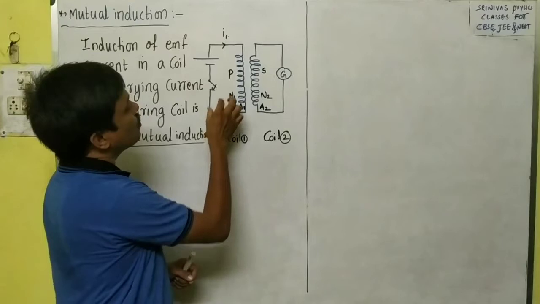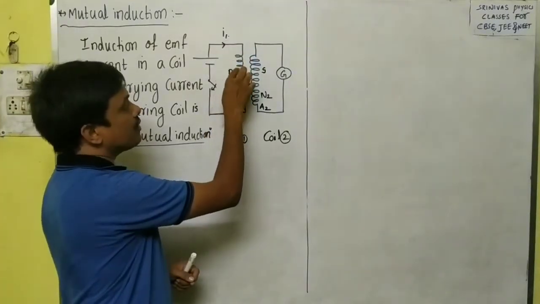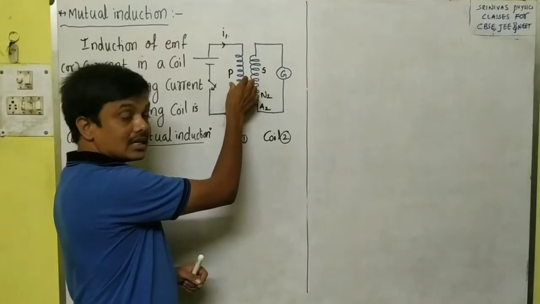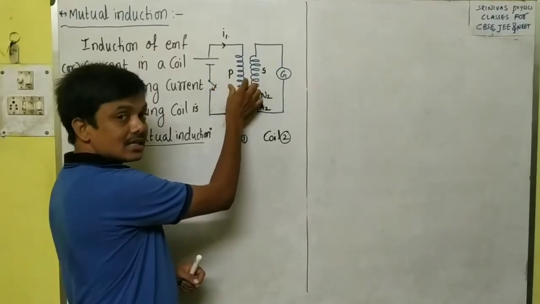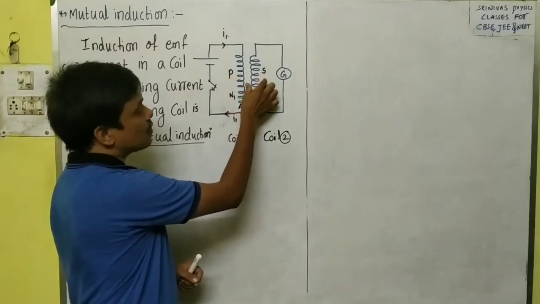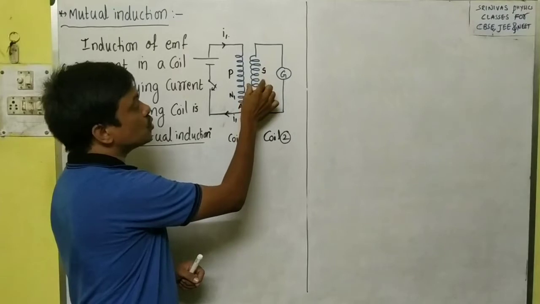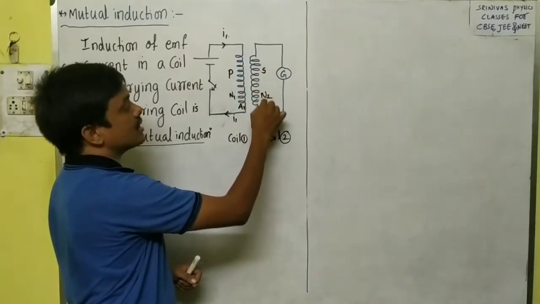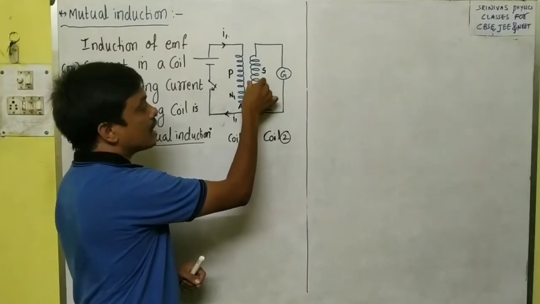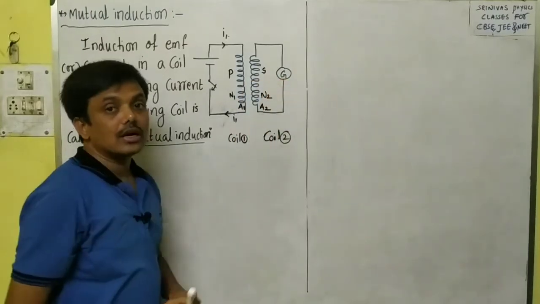Whenever the current changes in coil 1, the field generated by coil 1 changes, and the flux generated by coil 1 changes. That flux links with the neighboring coil. When the flux linked with this coil changes, current and EMF are induced in this coil and the galvanometer shows deflection.